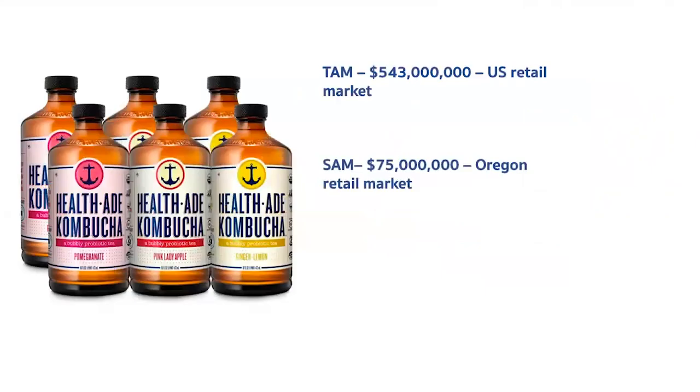Based on this information, I'm going to go out, talk to other folks maybe in the kombucha industry, look at other food and beverage companies, and try to make a good guess about what a potential SOM might be, how much of that market I could actually capture. If I set myself a 5% goal of capturing that market, which is reasonable for a small, newer brand, I would get about $3,750,000.